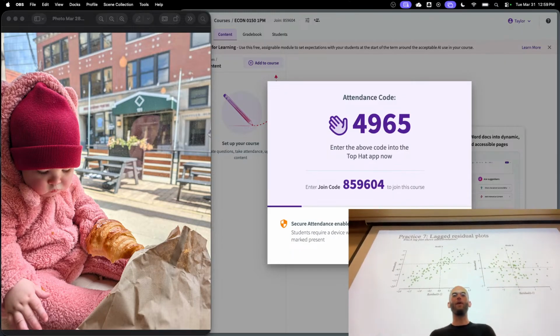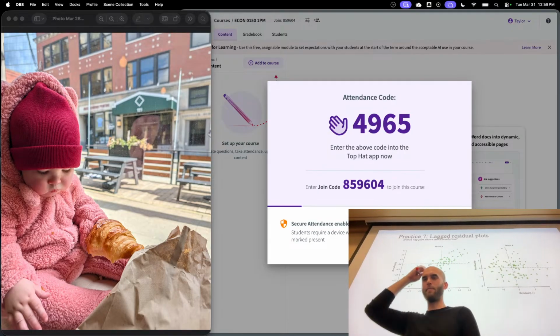Okay, so here I have lagged residual plots. Which of these plots shows autocorrelation? We'll take maybe a minute here.